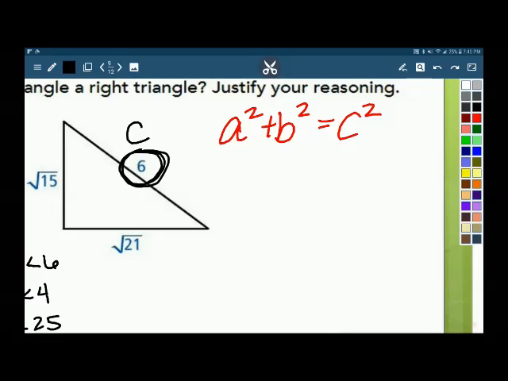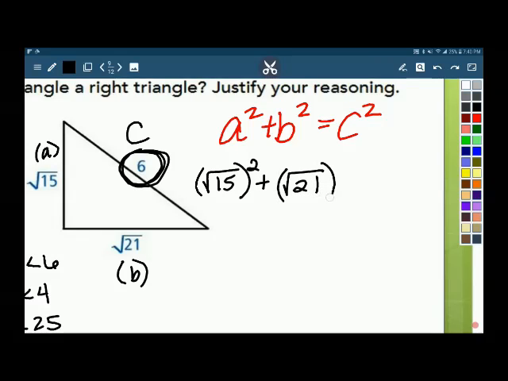So I'm going to plug square root of 15 in for A. I'm going to plug square root of 21 in for B. So I have the square root of 15 being squared, because it's A squared, plus the square root of 21 being squared, because that's B squared, and then equals C squared, which is 6.